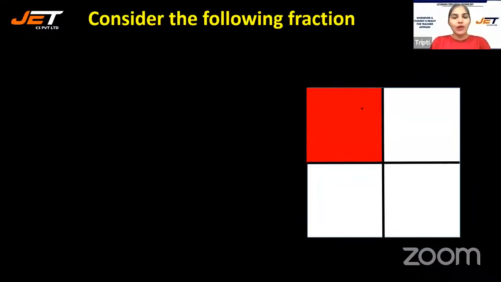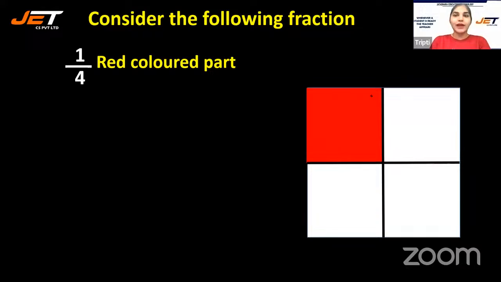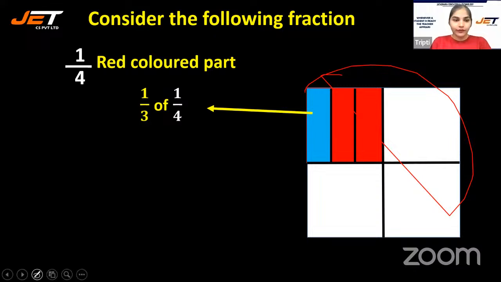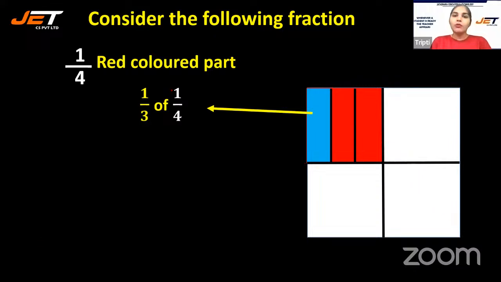Okay, so this is one part out of the 4 equal parts. This is the red color part, fraction of the red color part. Now, what will you say about this? Now tell me the fraction of the blue part, only the blue part. 1 by 3, but of what? 1/3 part of this part, which was called 1 by 4, right?